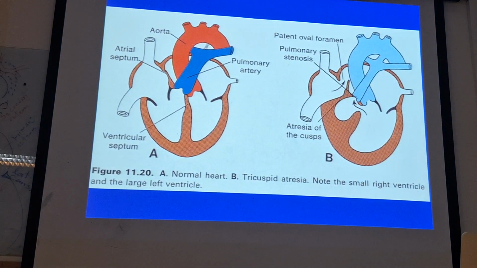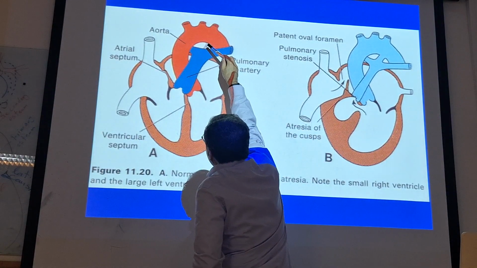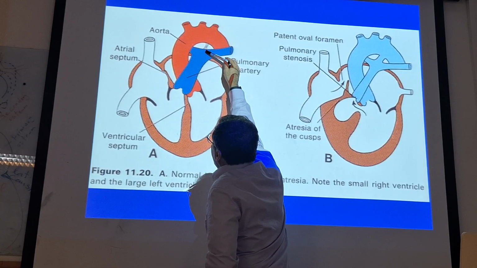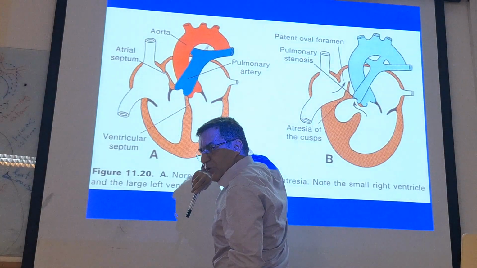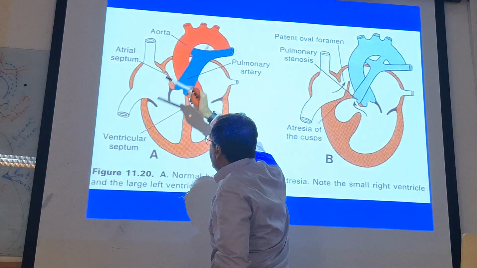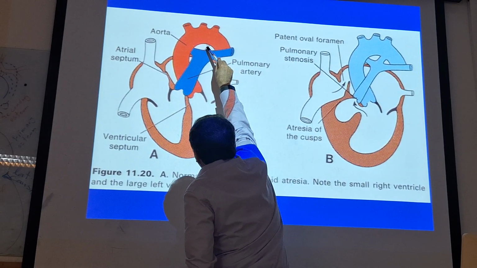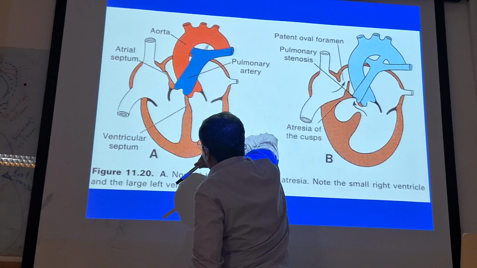Do you remember in anatomy, between the arch of the aorta and the left pulmonary artery, we have one ligament, the ligamentum arteriosum? Before birth, it's open. What is the name before birth?